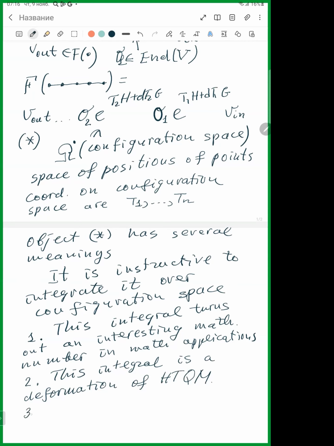Third point of view, this integral satisfies interesting quadratic relations.